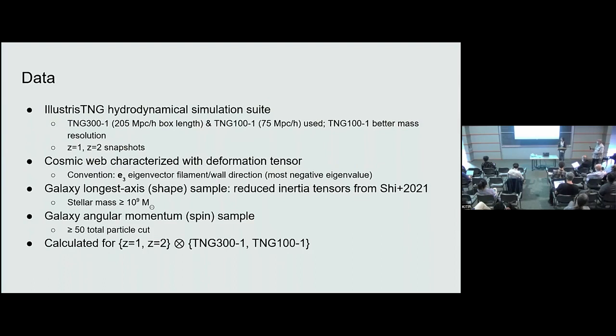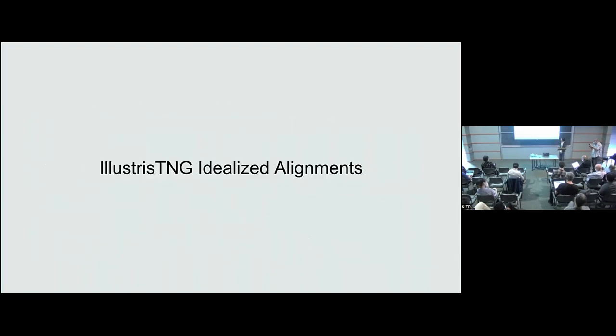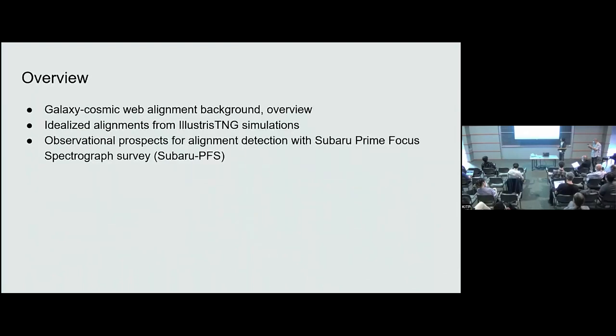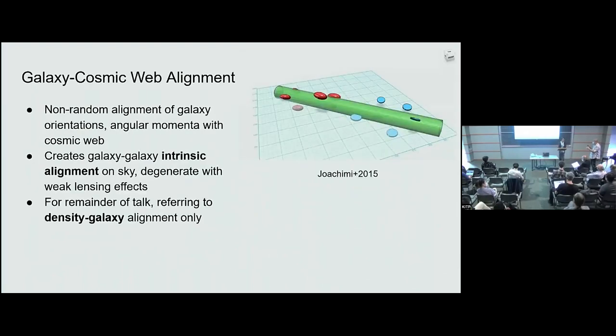Potential. Yeah. So your first slide was saying that in this talk you are only speaking about alignment between galaxies and density. Yes. But the deformation tensor isn't density, right? You need to make a step back to find out what the deformation tensor is. It's not derivable from density. So how do you find the deformation tensor in observations?